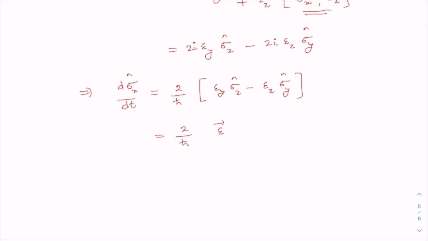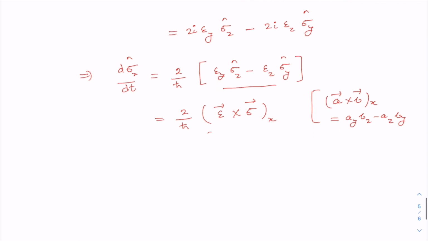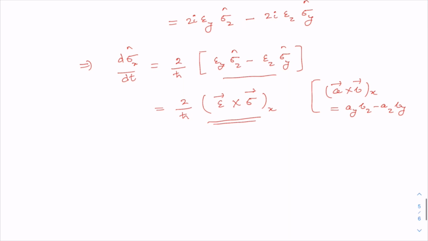It is basically the cross product of the vector epsilon and sigma, the x component. If you recall that a cross b, if I take the x component of it, then I have here ay bz minus az by. So similarly you can see that this is nothing but the x component of this cross product epsilon cross sigma.